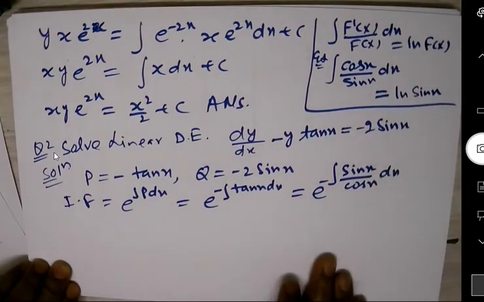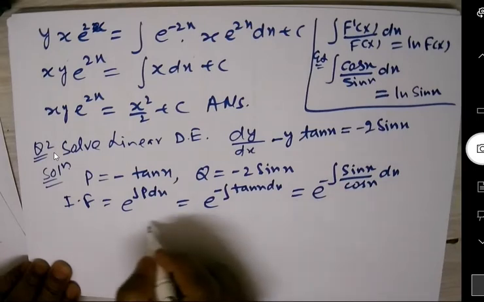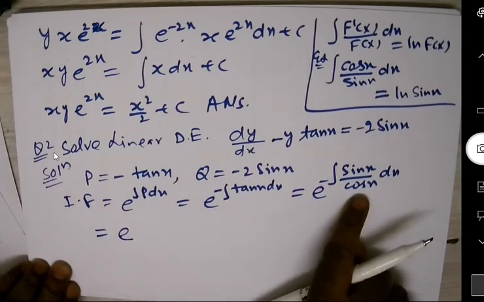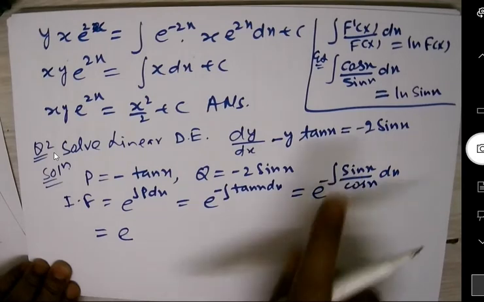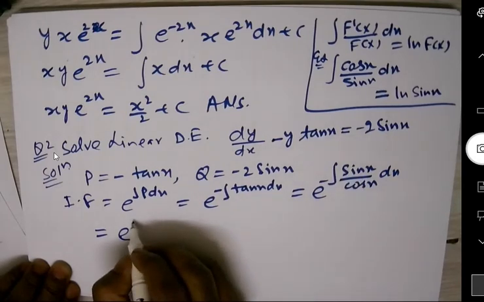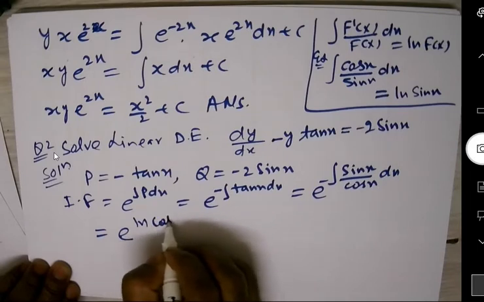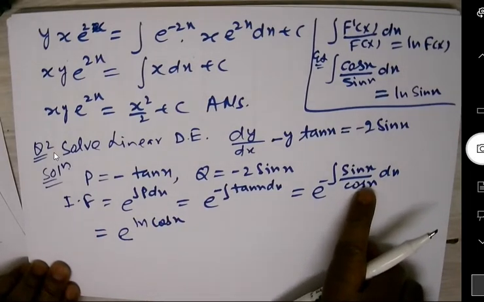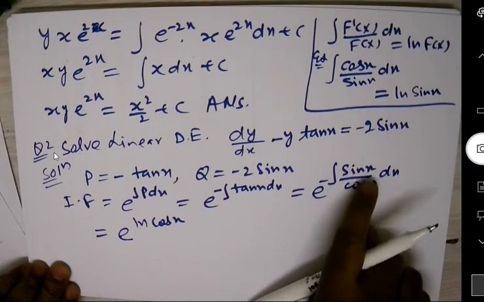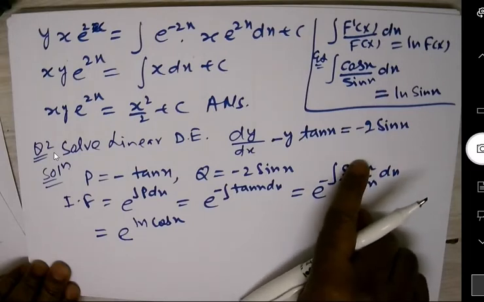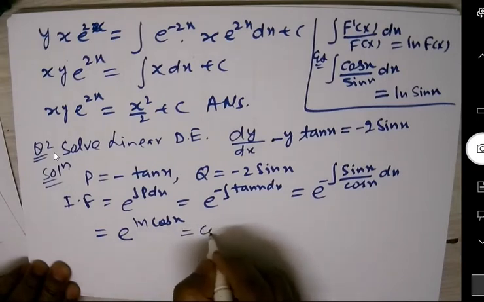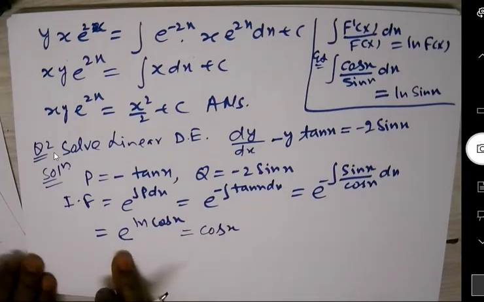Similarly here, the derivative of cosine is minus sine, so the answer is ln cosine of x, because the derivative of the denominator term is given in the numerator. So e power ln of the function gives the function itself. So this is the integrating factor.